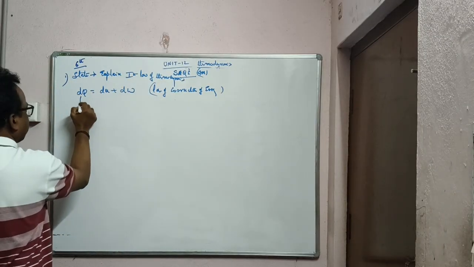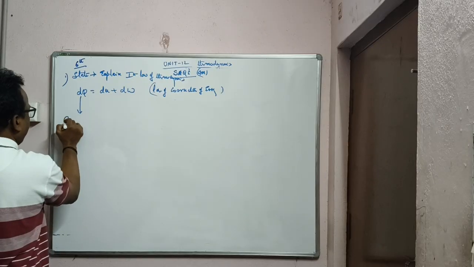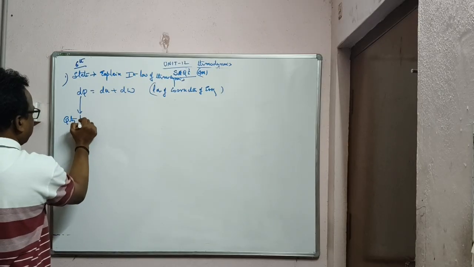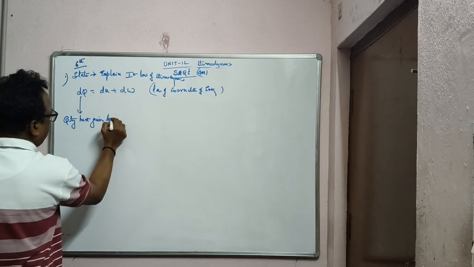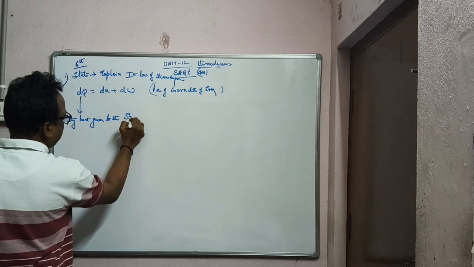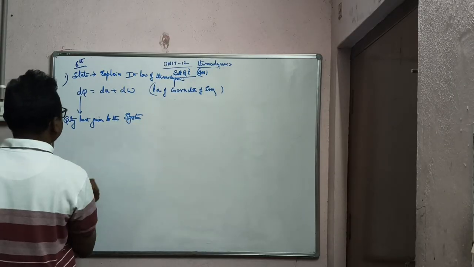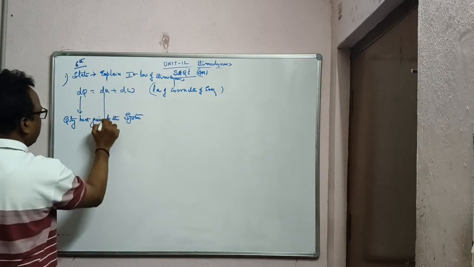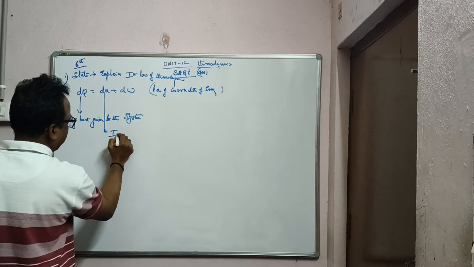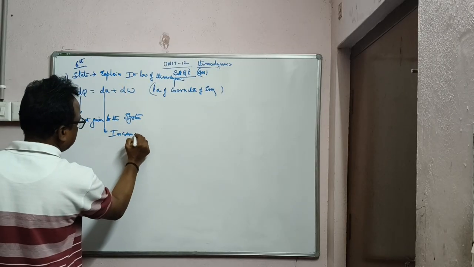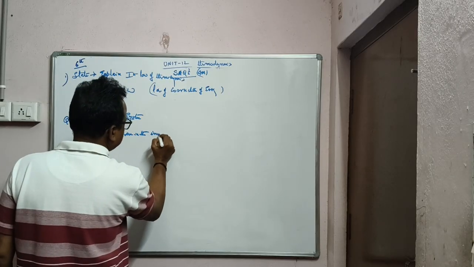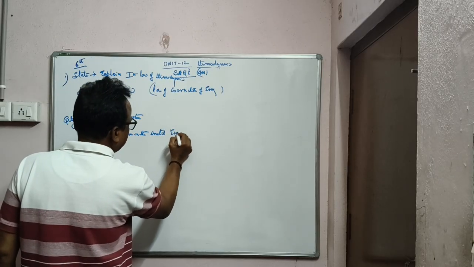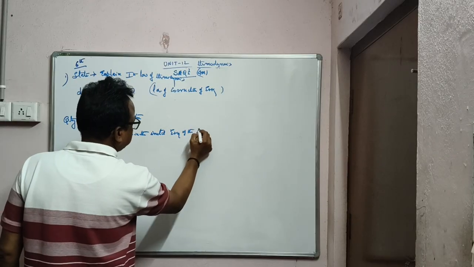Now in this, the first term dQ is nothing but the quantity of heat given to the system. Coming to dU, the increase in the internal energy of the system.